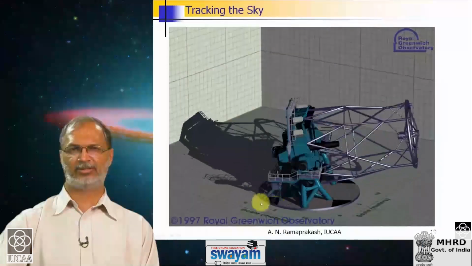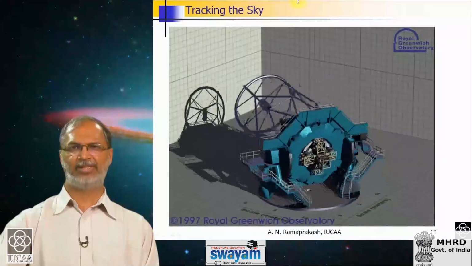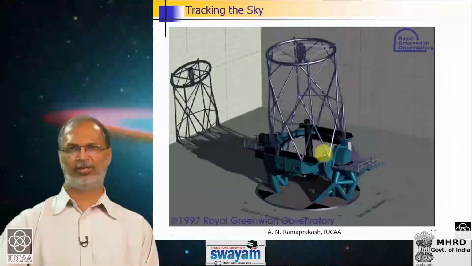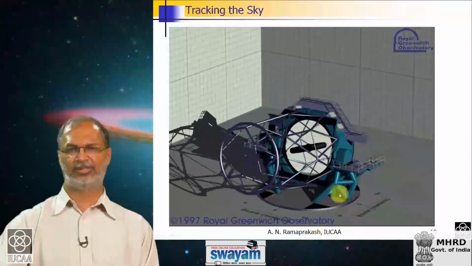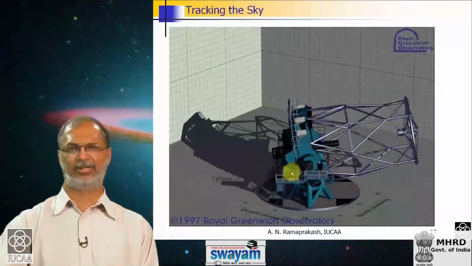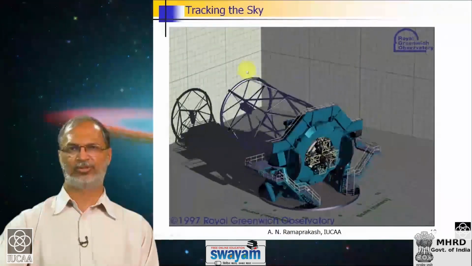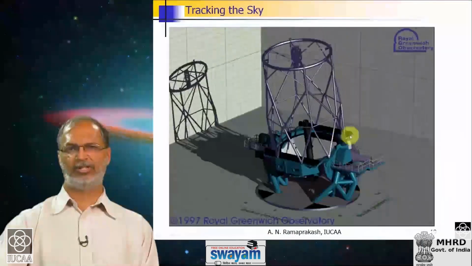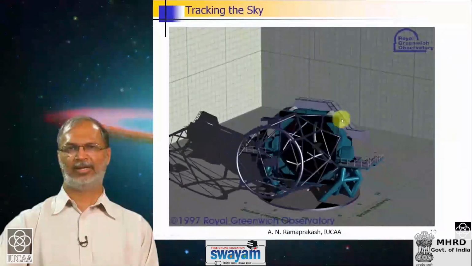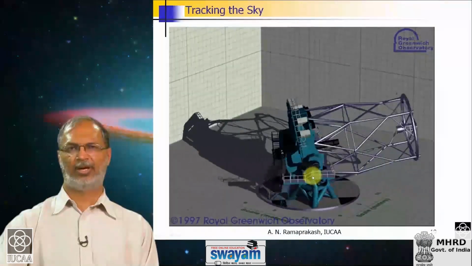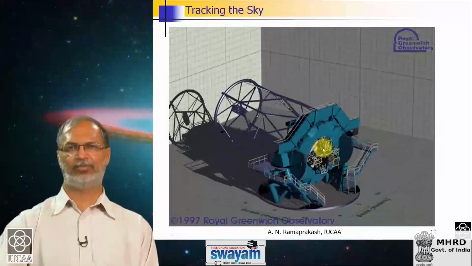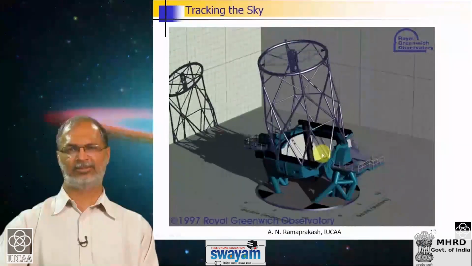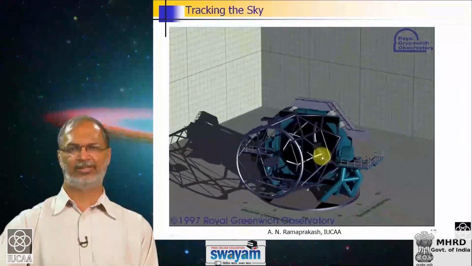Since this base is perpendicular to the local vertical of the ground, this is an alt-azimuth mount as I explained earlier, and the tube of the telescope, as I explained earlier, can move up and down. So, between the base movement and the tube movement, you should be able to point at any part of the sky. So, the telescope would move at least on these 2 axes to keep track of objects in the sky.